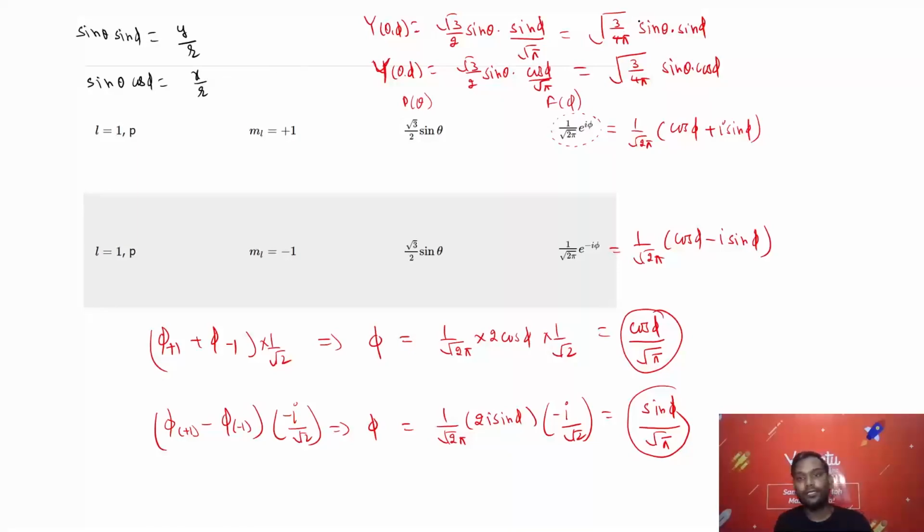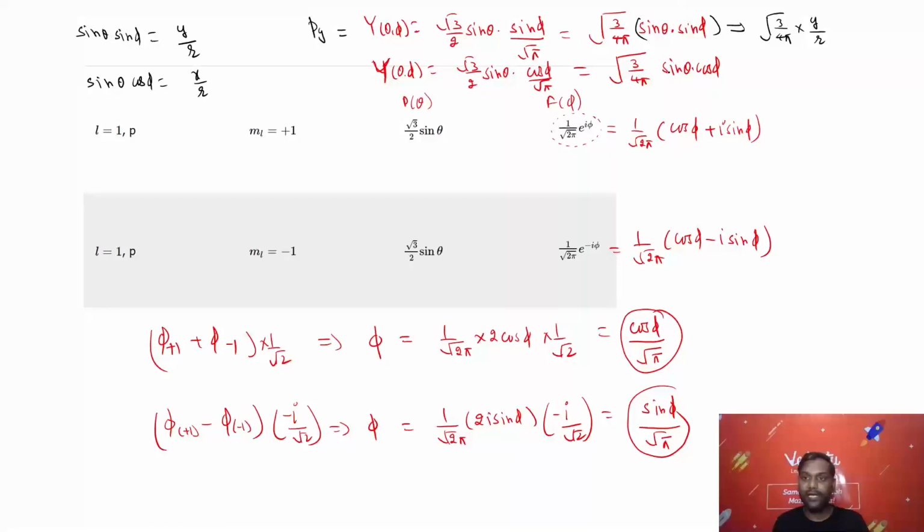So replacing sine theta sine phi with y, this would be root of 3 upon 4 pi into y upon r. One more time, this is a p orbital, r will be cancelled, so we are only left with one variable y, so this must be representing a py orbital.